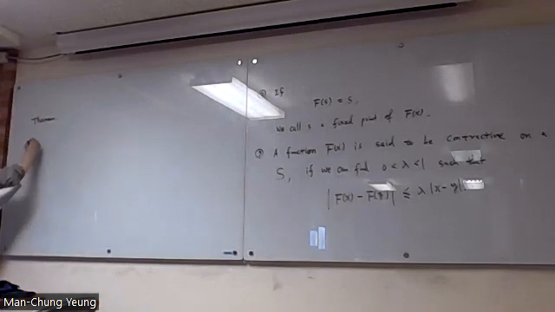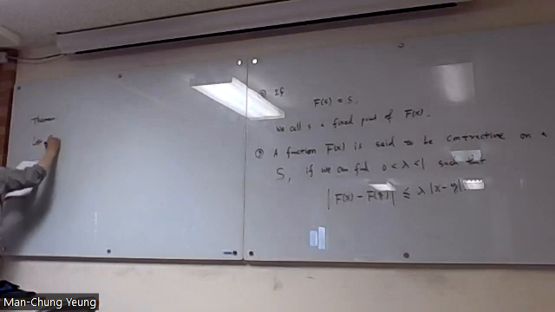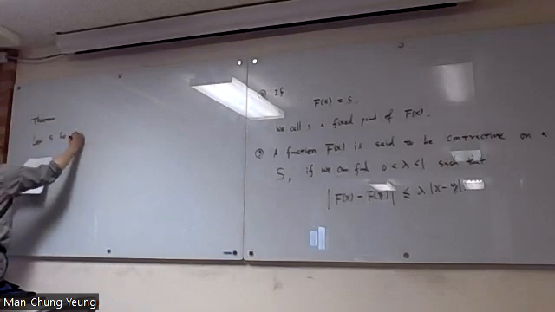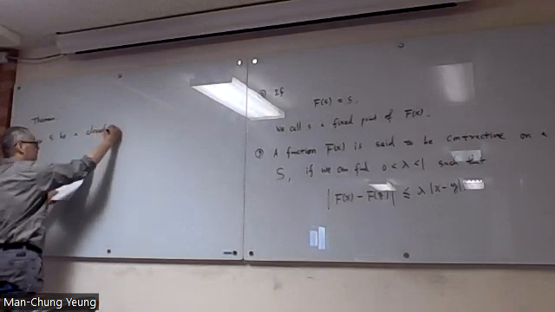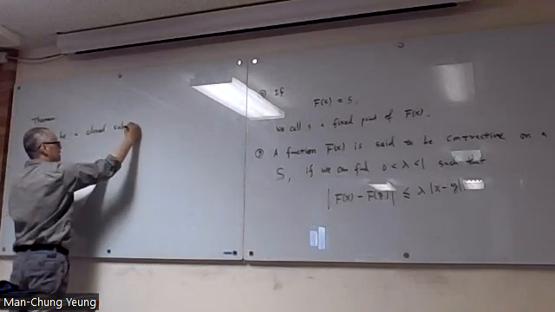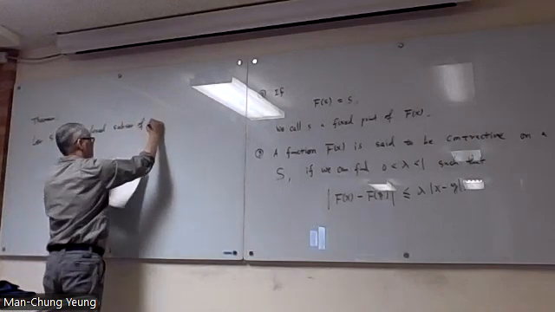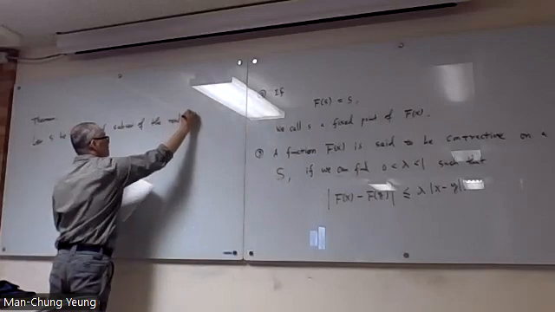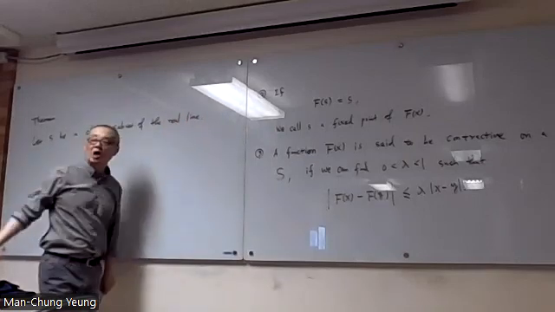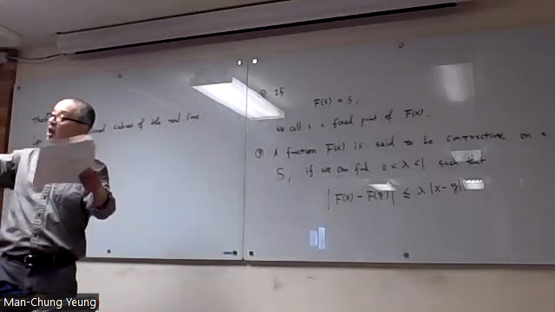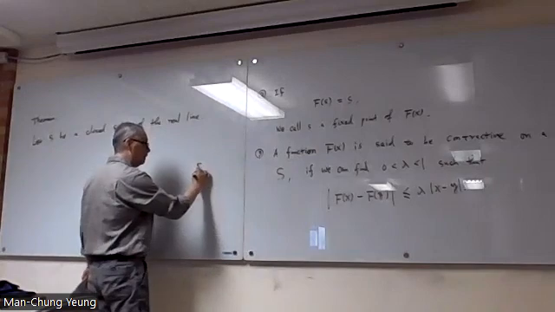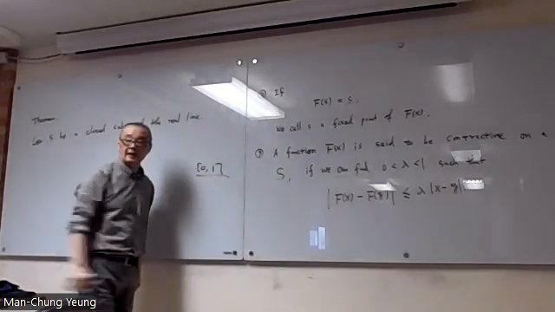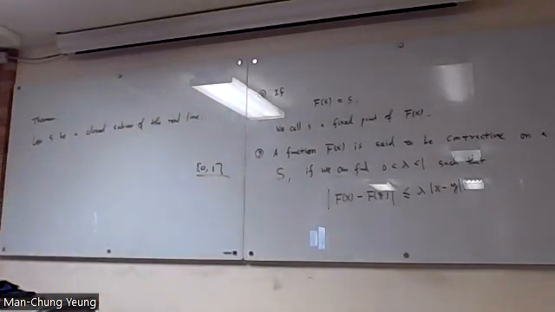Let S be a closed subset of the real line, say a closed interval. This is a closed subset. An open interval is not a closed subset.